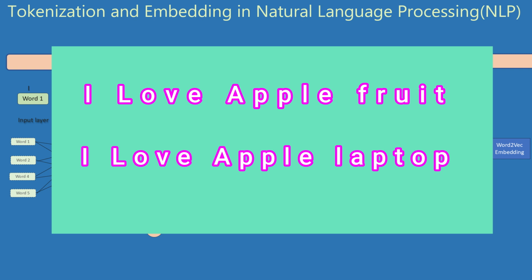But in the first sentence it was used with the neighboring word fruit, so its meaning is different from the second sentence, where it is used with laptop. So the meaning of apple is decided by its surrounding words, or in other words by the context in which it is being used.